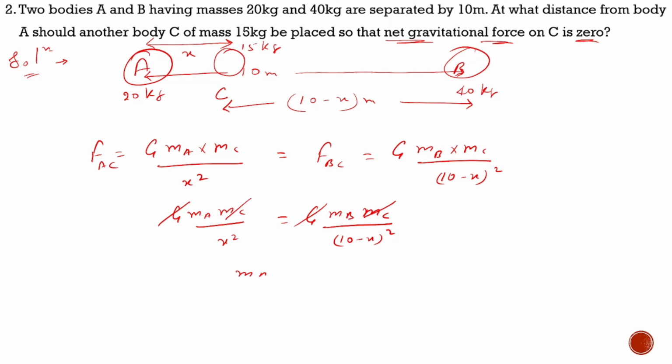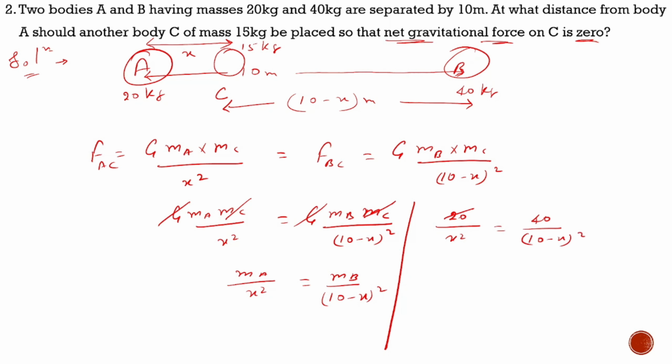Then MA by X square equals MB by 10 minus X to the whole square. So what is MA? MA is mass of A, that is 20, divided by X square, equals mass of B, 40, divided by 10 minus X to the whole square. 20 and 40 will cancel out, 20 to the 40.